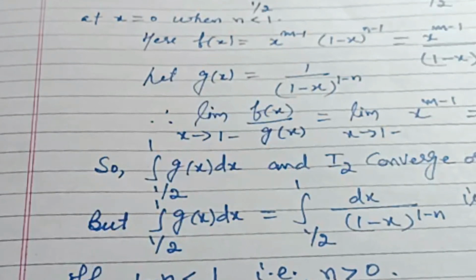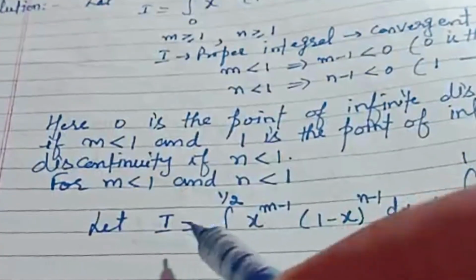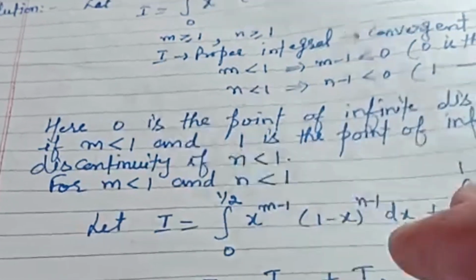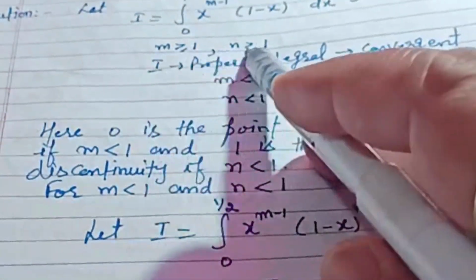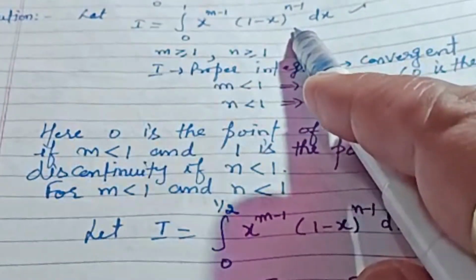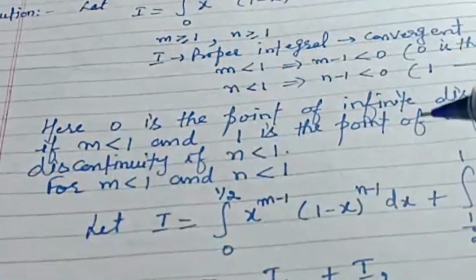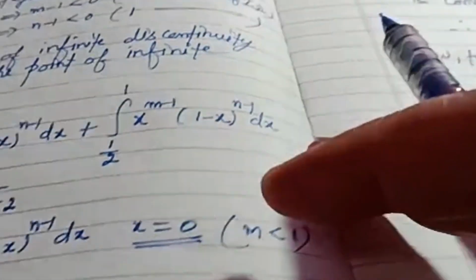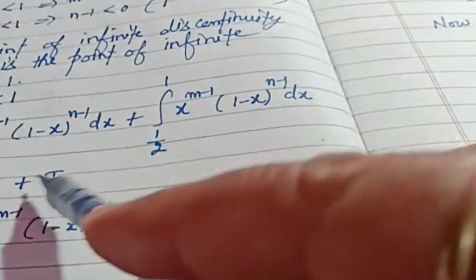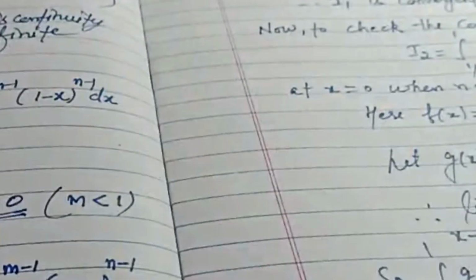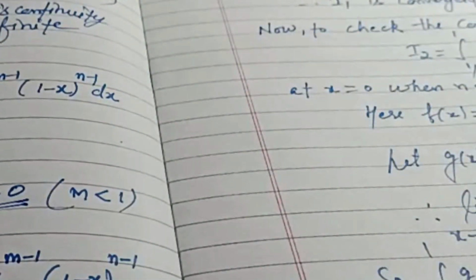So finally what you have to write, when we combine, because this I was the combination of I1 and I2. In the first case we have discussed, whenever m and n are greater than or equal to 1, then this integral is proper, it is convergent. Whenever m less than 1, n less than 1, but greater than 0 in I1 and I2, we have discussed that both these integrals are convergent whenever 0 less than m less than 1 and 0 less than n less than 1.